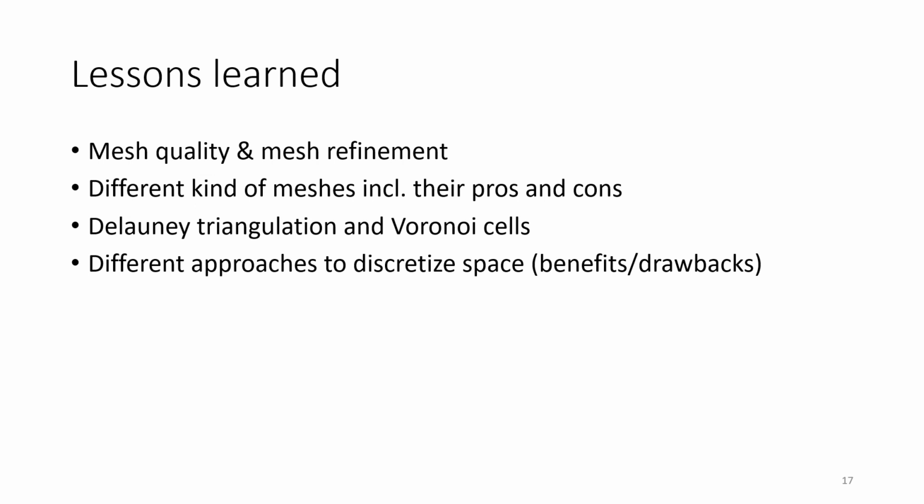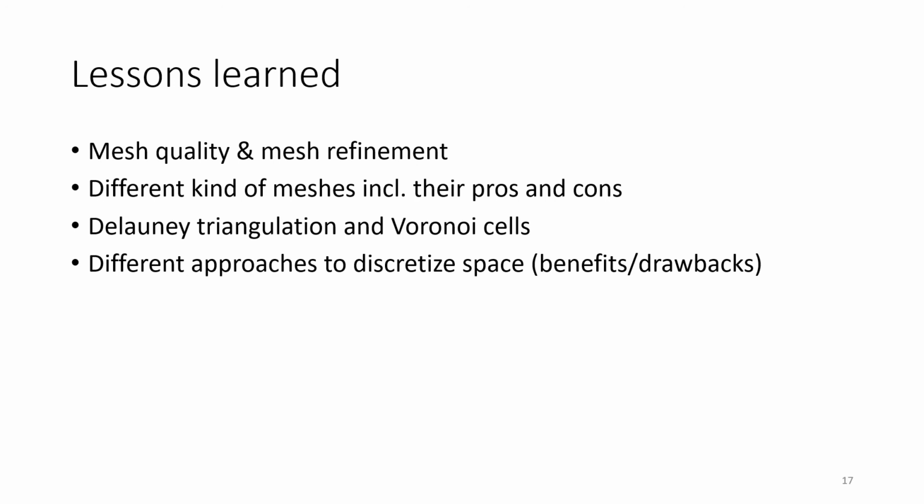So what I want you to learn from today is what is a good mesh and what is meant by the term mesh refinement. Yeah, I want you to know the different kinds of meshes, including the pros and cons. We introduced two methods to come up with unstructured meshes, Delaunay triangulation and Voronoi cells.